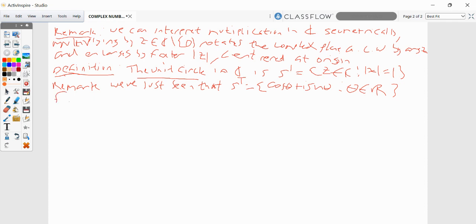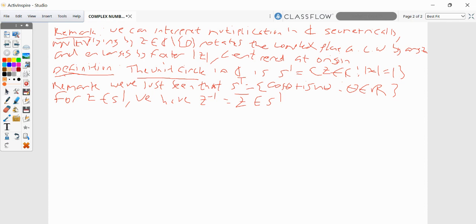For z in S1, we have z inverse is equal to z bar in S1. z bar here is the complex conjugate.